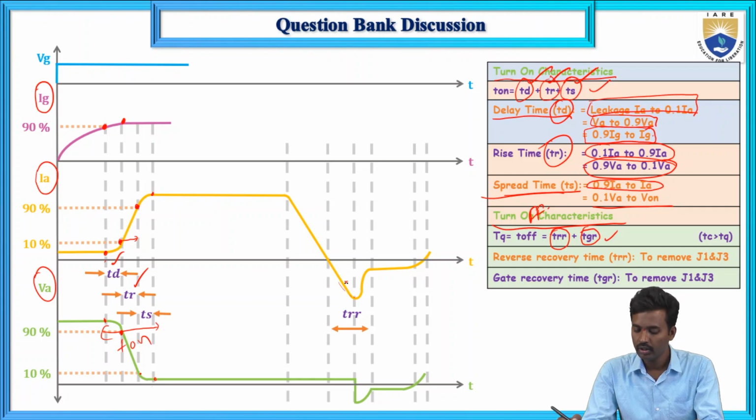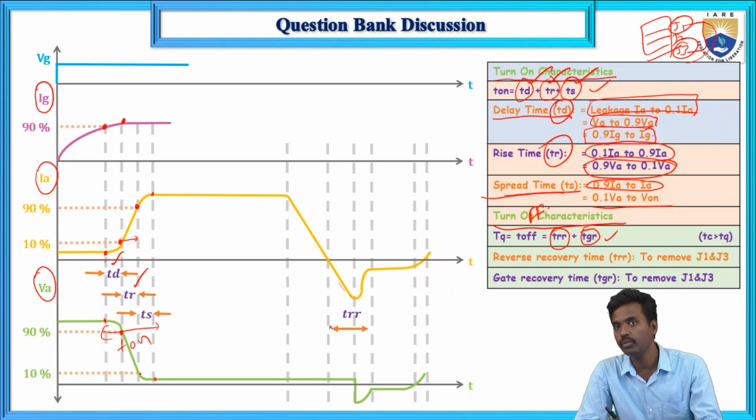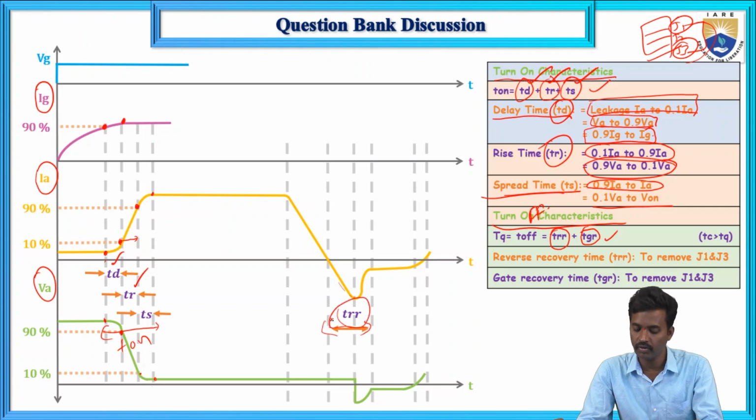Gate recovery time: there may be charges at J1, J2, J3. The time taken to remove the J1 and J3 junction charge carriers is known as TRR, the reverse recovery time.